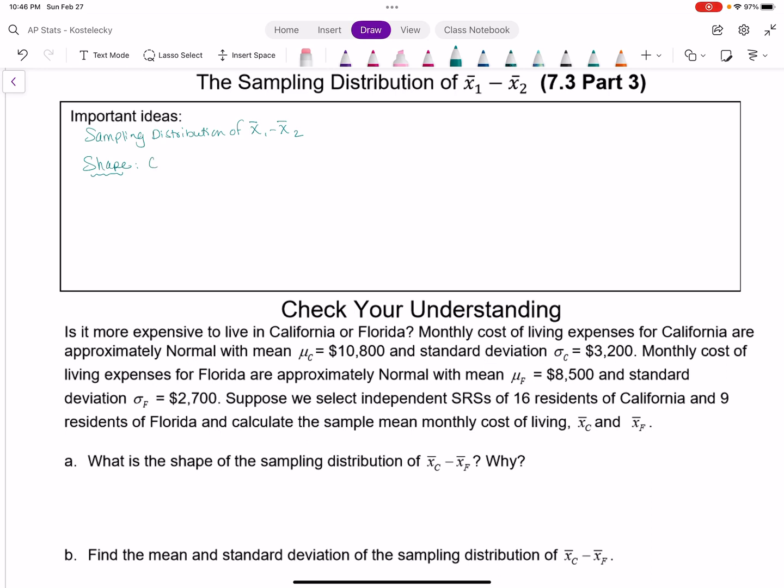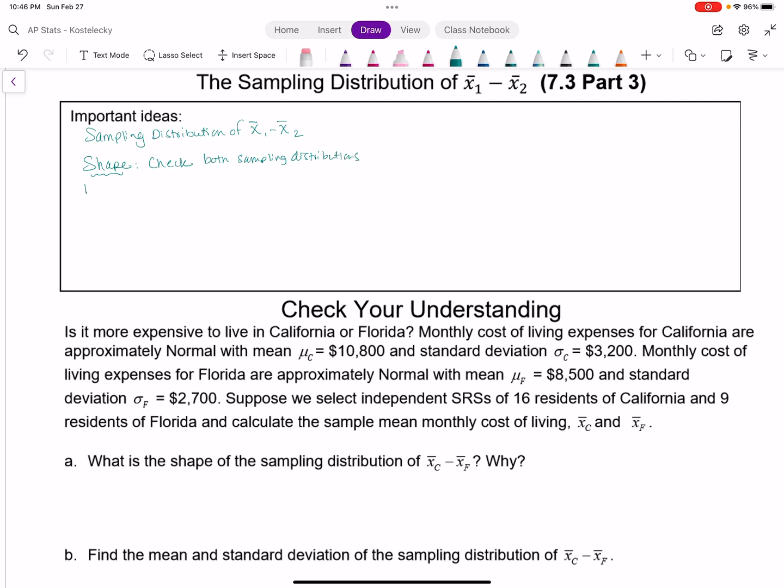And very important reminder, you have to check both sampling distributions. Okay, you are taking two different samples, so you have to double check to make sure both of them are approximately normal.